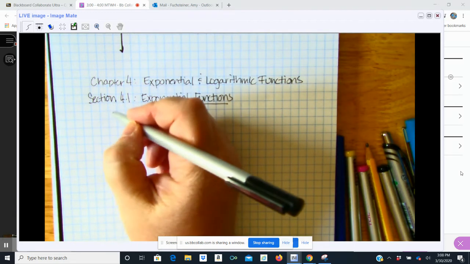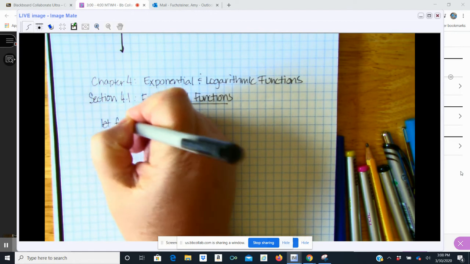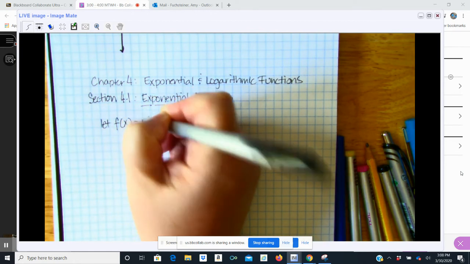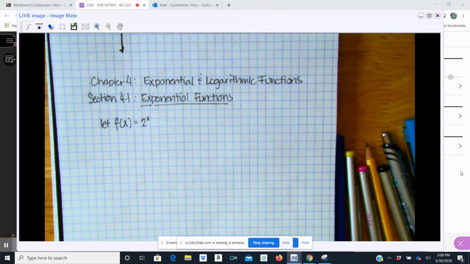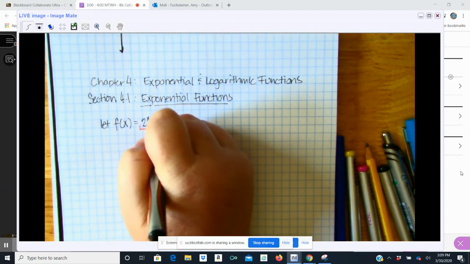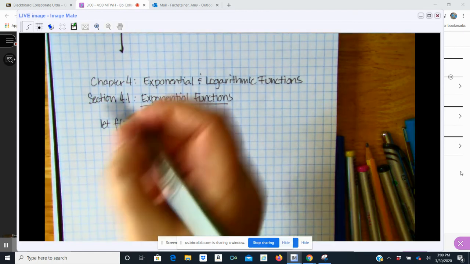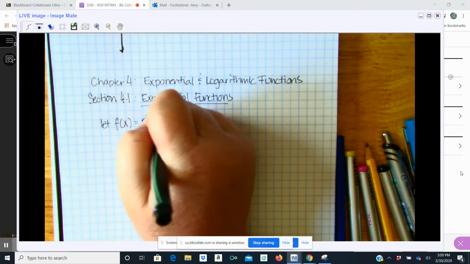If we let some function f of x be defined by 2 to the x power, notice that 2 is what we would call our base, and that our x value, or unknown, is actually the exponent.